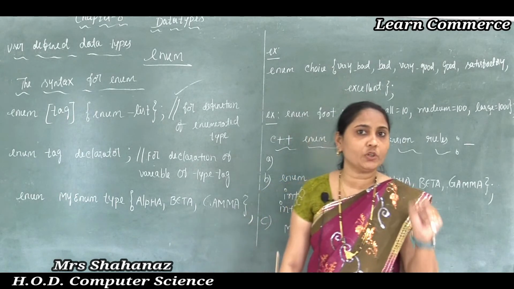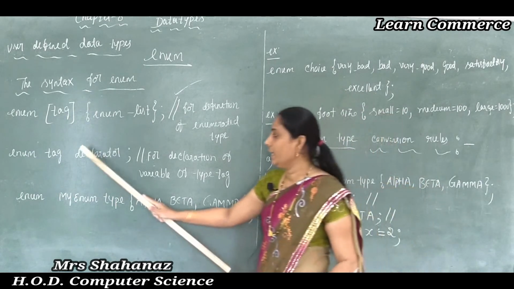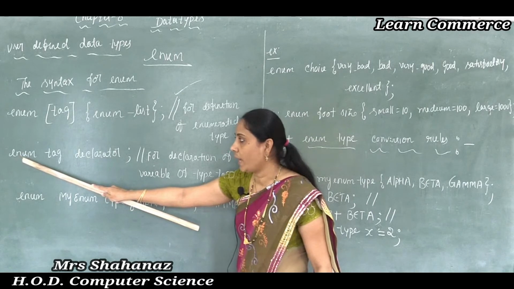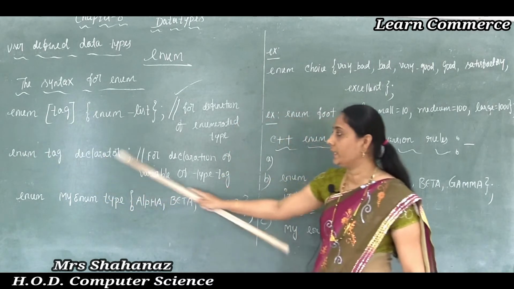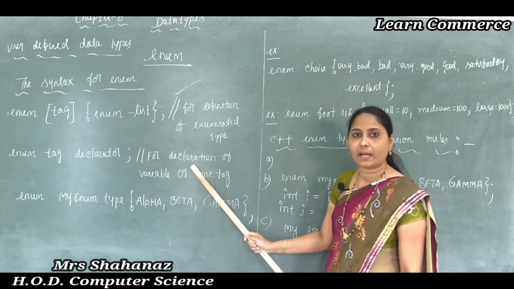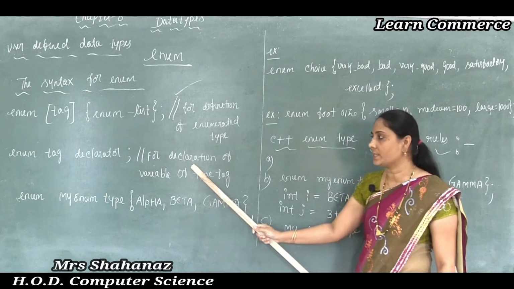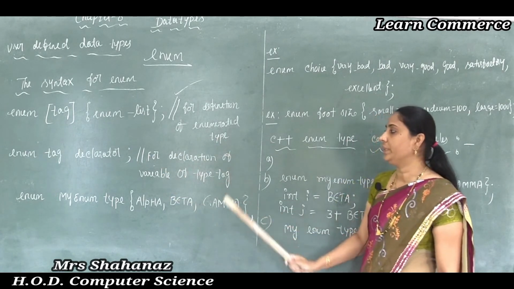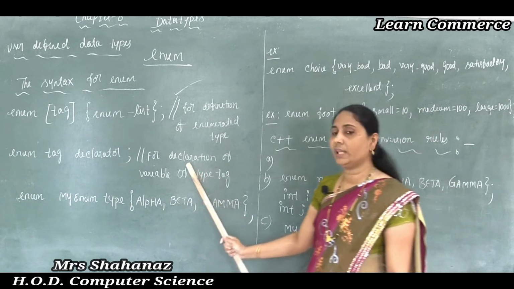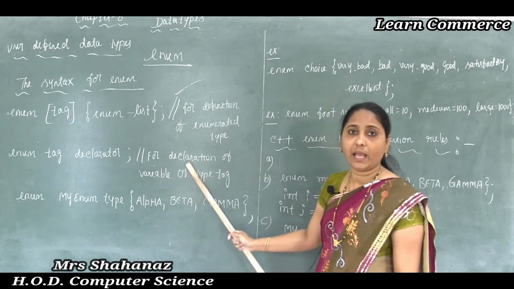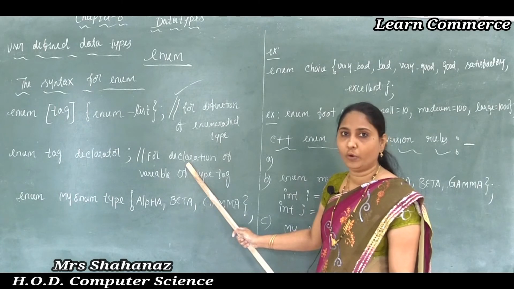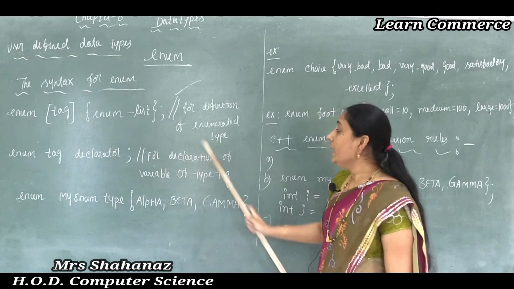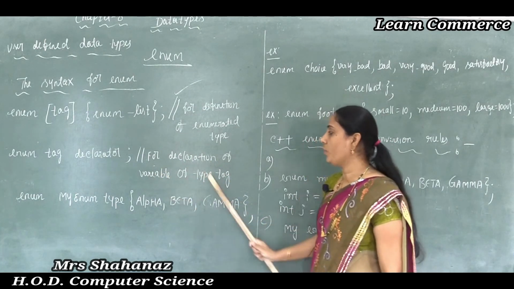So this is how to write the enum tag declarator, and we can write the understandable line as: for declaration of the variable of type tag. This is just the comment line. Nimge artha aglikke a coding in a meaning enu. Okay, for declaration of the variable of type tag.